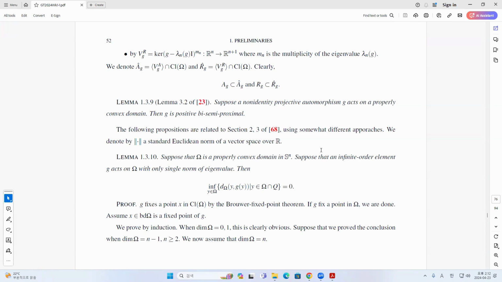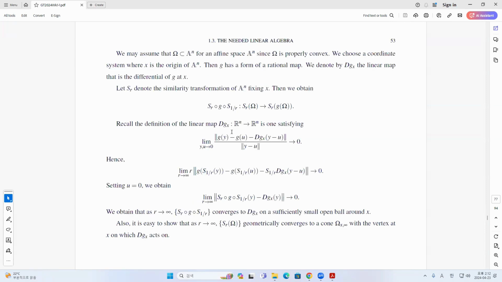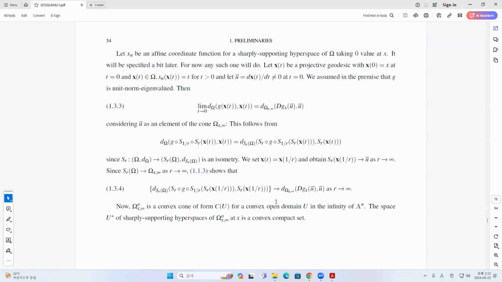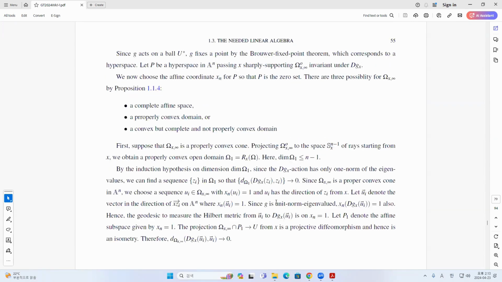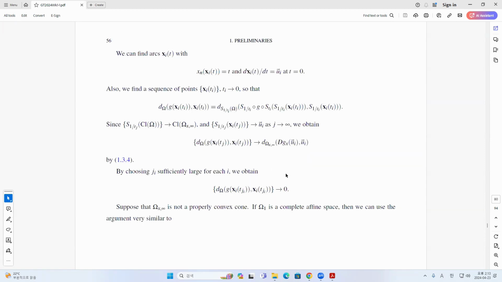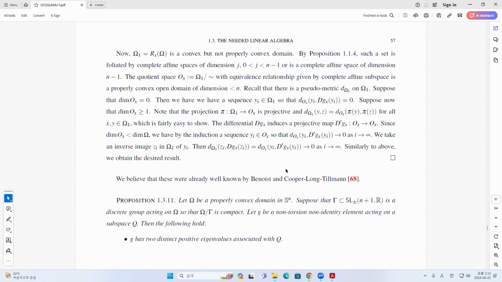The way I prove it is to show that there is some fixed point, and then I have to blow up this fixed point action, and then I show that they are essentially the same as a linear map, and then we have to reduce this to the transversal direction and do the induction and so on. So that's how we will get this.